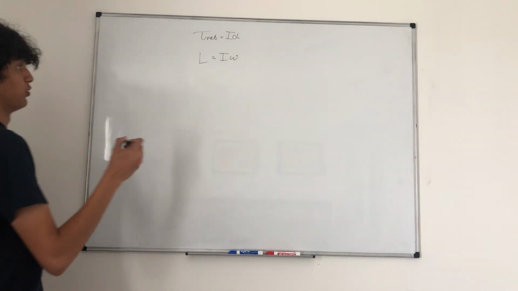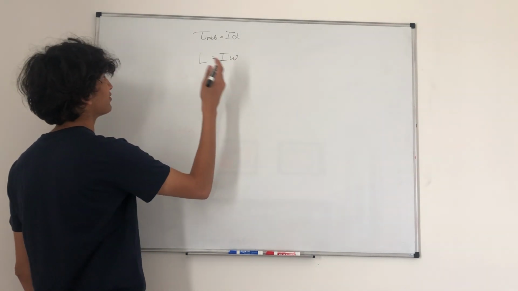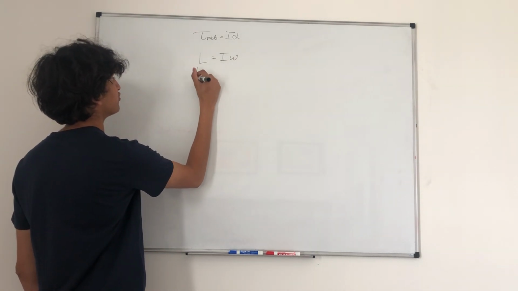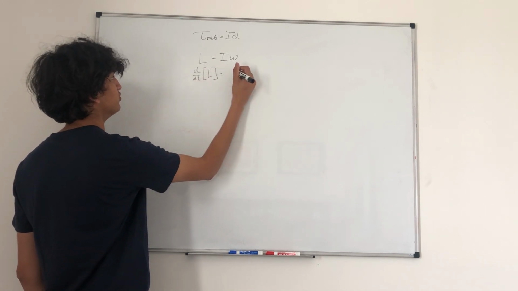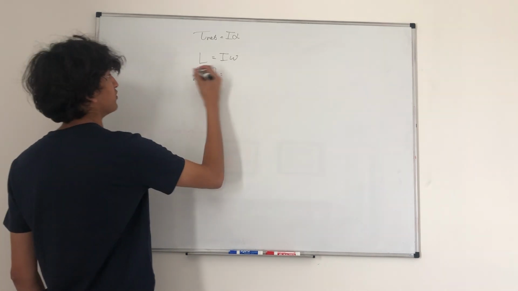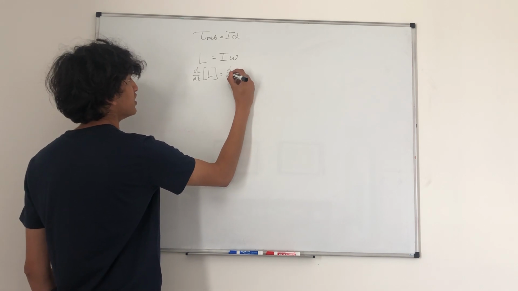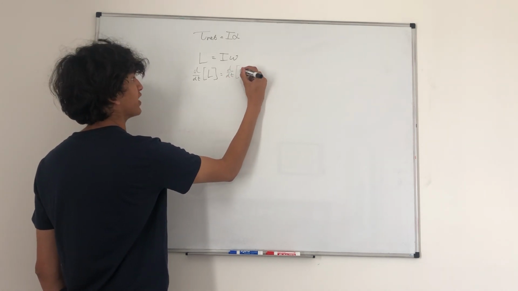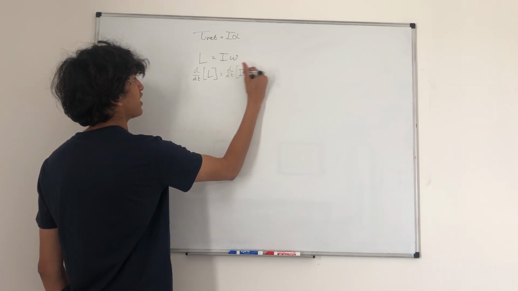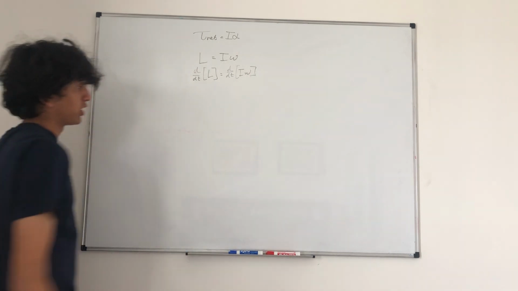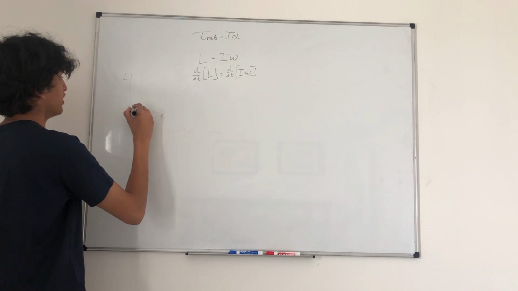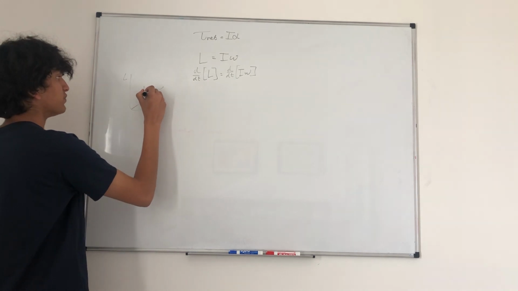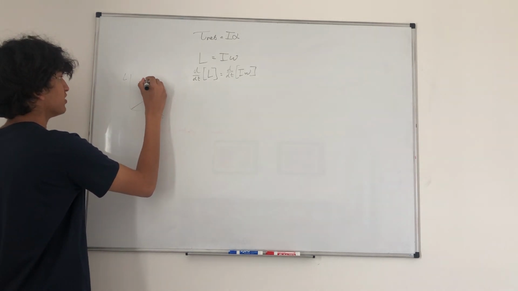So I know that the derivative with respect to time of angular momentum is equal to the net torque. So I'm going to differentiate I omega on both sides. If you're confused by that, when I graph angular momentum versus time, the slope is change in L over change in t.